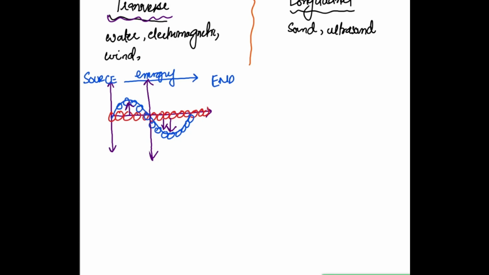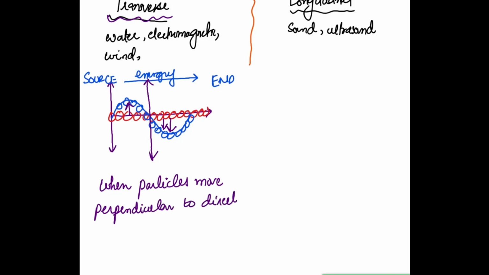It says that when particles move perpendicular to the direction of propagation, and propagation simply means movement, or flowing, or moving from one point to another. So, perpendicular to the direction of propagation of the wave.